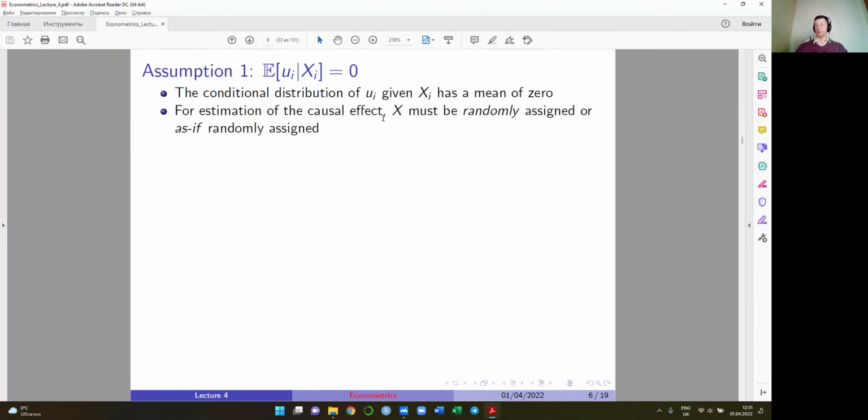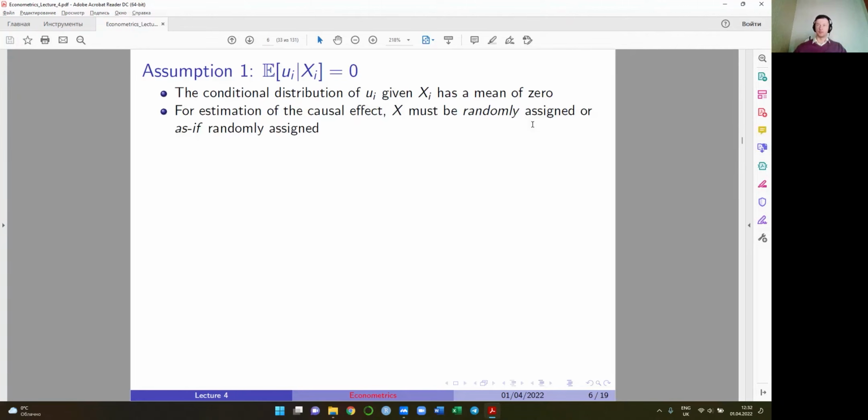So for the estimation of causal effects, as we know, x must be randomly assigned. In the simplest case, if x is 1 or 0, 1 is treated, 0 is not treated, then, as Vladimir said, we must randomly assign treatment and control, we must randomly assign treatment and placebo to the participants of our experiment.